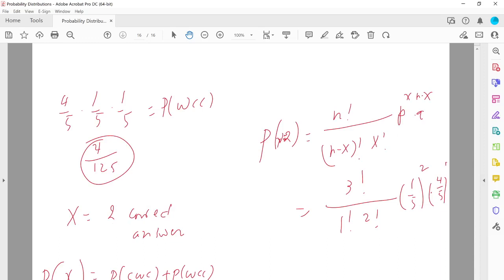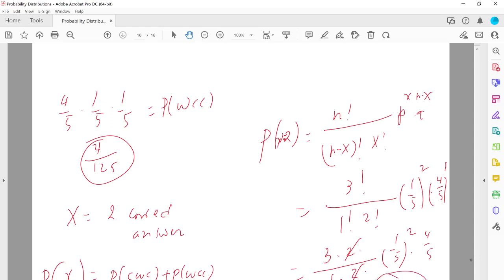If you use these numbers on your calculator, 3 factorial means 3 times 2 times 1. 1 factorial is 1. 2 factorial is 2 times 1. Then 1 over 5 to the power 2, times 4 over 5. You can cancel this 2 and this 2, and if you multiply these numbers, 1 squared is 1, 5 squared is 25, so 3 times 4 is 12 over 25 times 5 is 125.